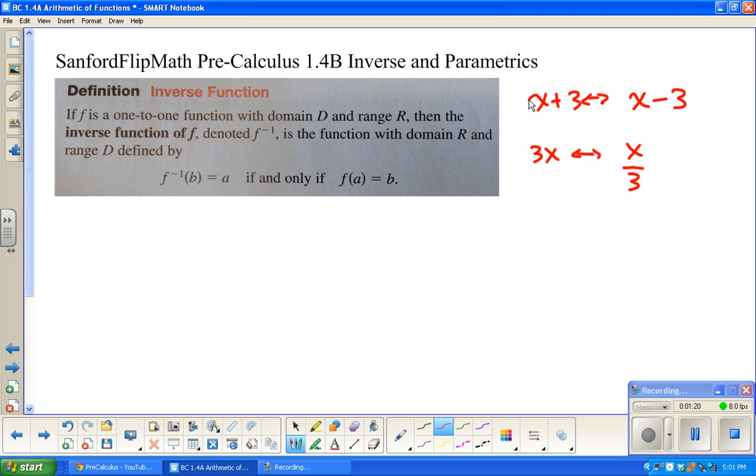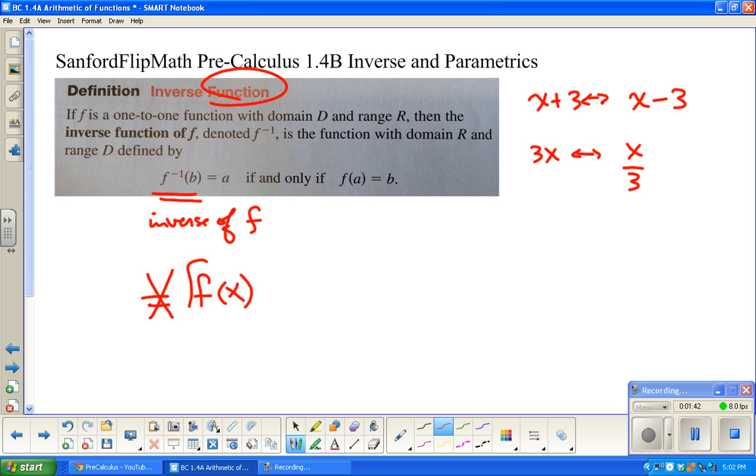What inverse really is about when you're talking about functions is this, and this is just notation. This means the inverse of f. The big issue here is that this is not the same thing as this. f inverse is not the multiplicative inverse of f of x.